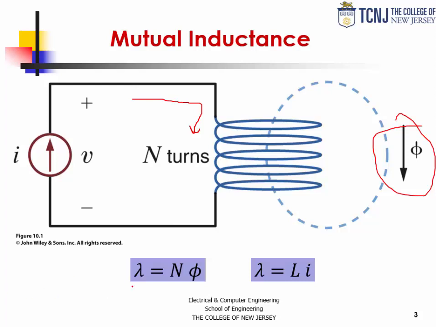And the total magnetic field or linkage is going to be the product of the number of turns in that inductor times the magnetic field. We also know that in linear systems, such as the circuits that we are treating in this course, the magnetic linkage is also the product of the inductance of the inductor times the current that is being forced through it.